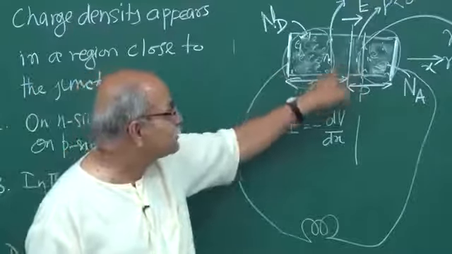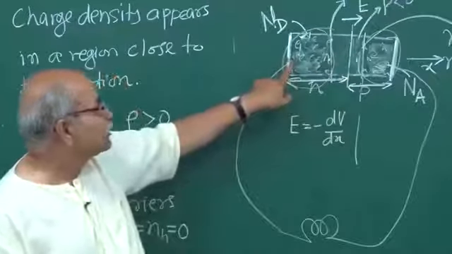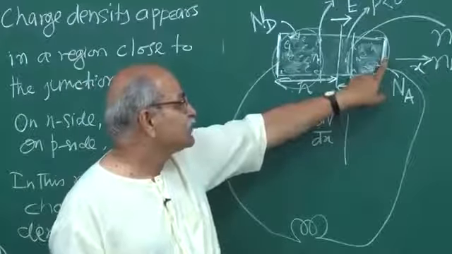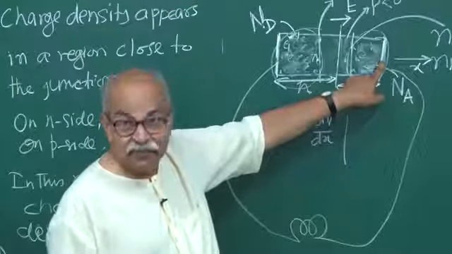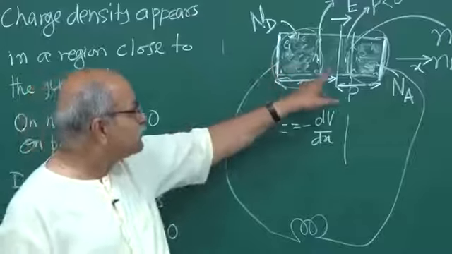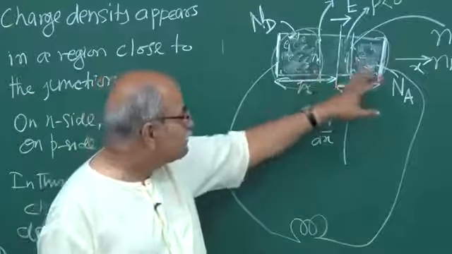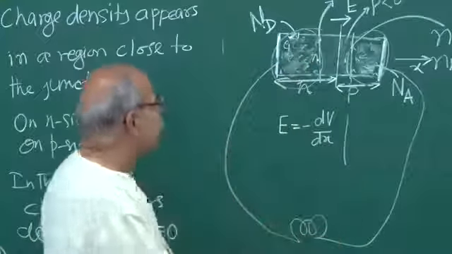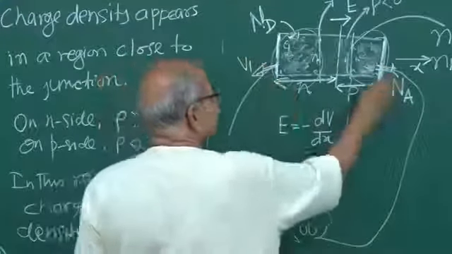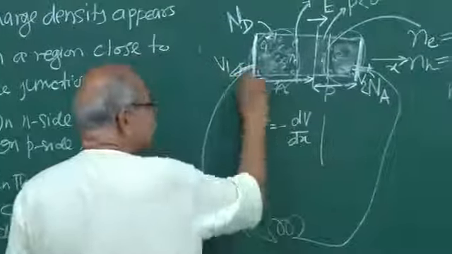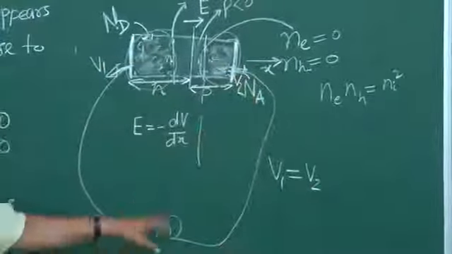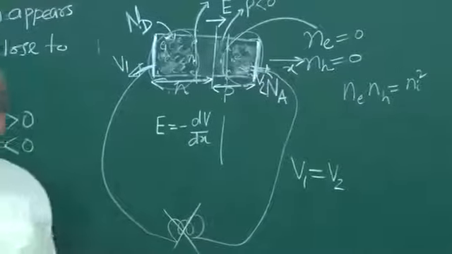As you have a potential difference across this junction, you also have a potential difference across this junction, and similarly across this junction. Here also, semiconductor to metal, there will be a contact potential difference. When you sum all these things, finally V1 equals V2 after those metallic contacts, and so this bulb is not going to glow anymore.